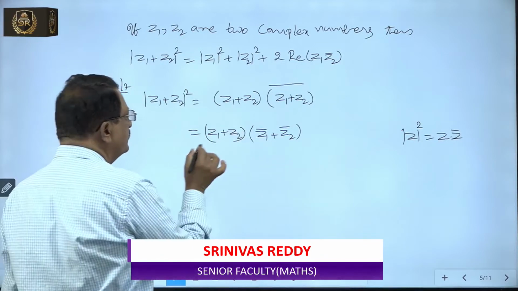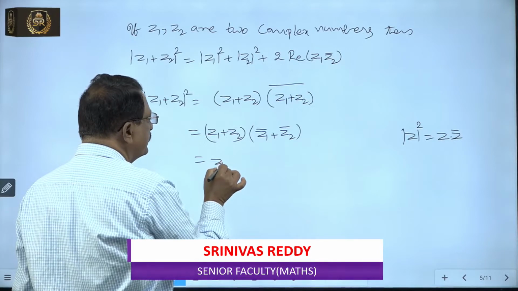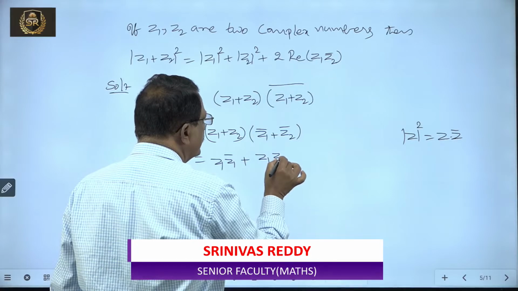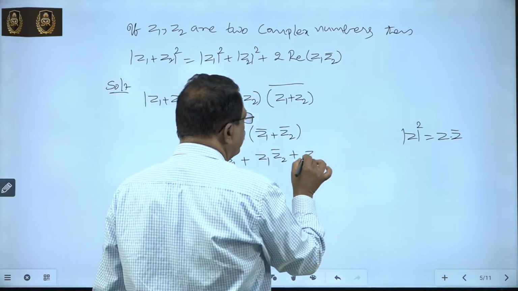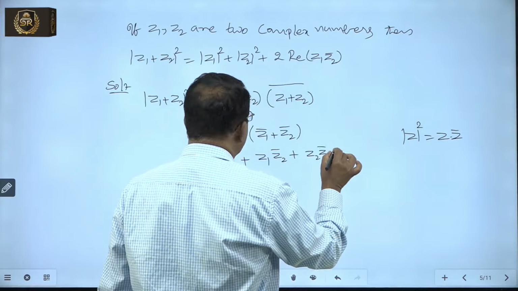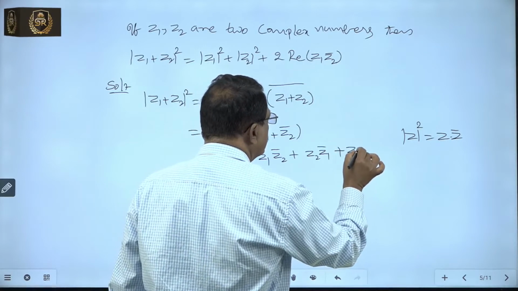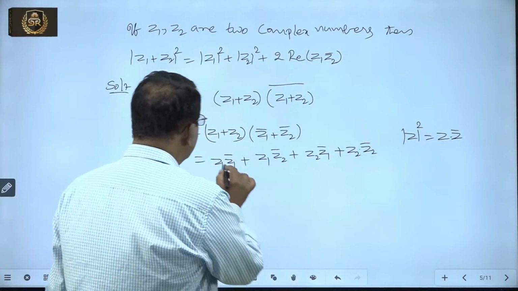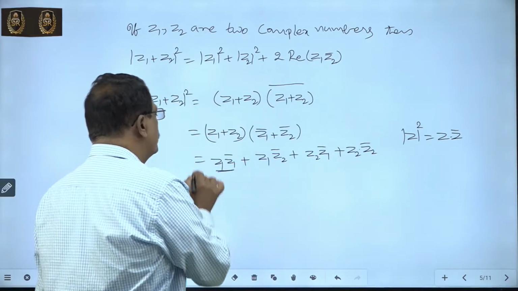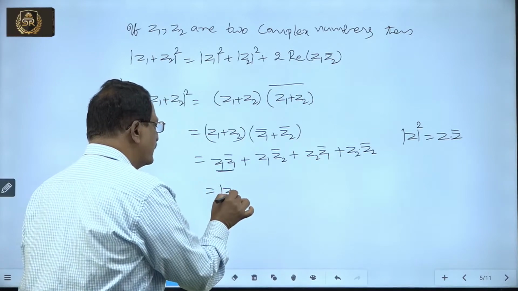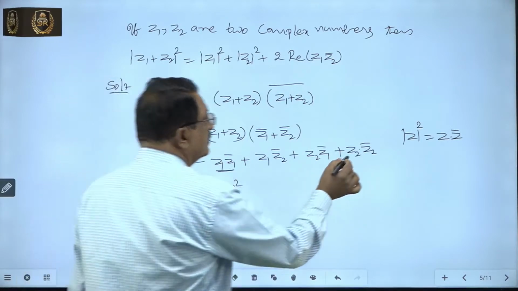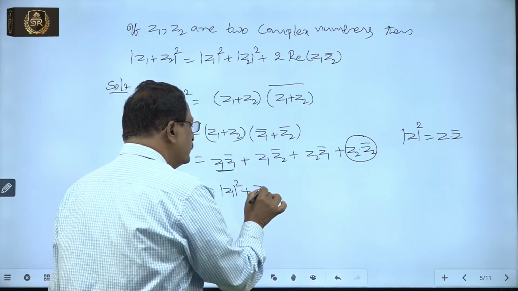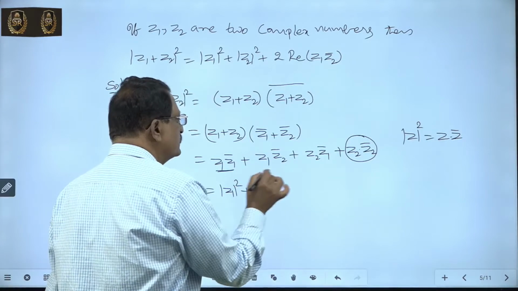Now multiply these two factors: Z1 into Z1 bar plus Z1 Z2 bar plus Z2 Z1 bar plus Z2 Z2 bar. But here Z1 into Z1 bar equals mod Z1 square. The last term, Z2 into Z2 bar, equals mod of Z2 whole square.